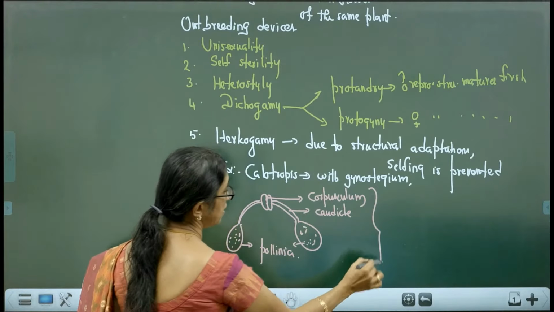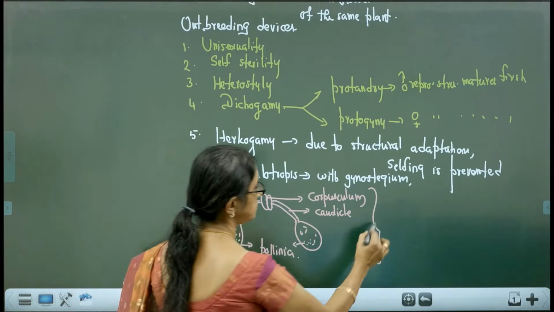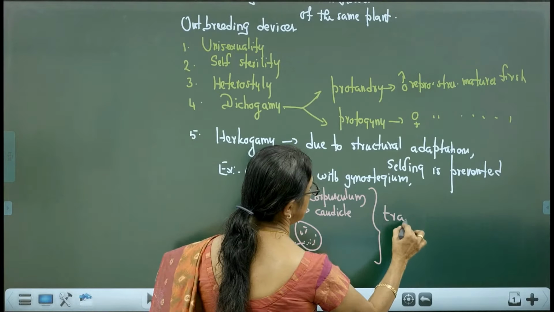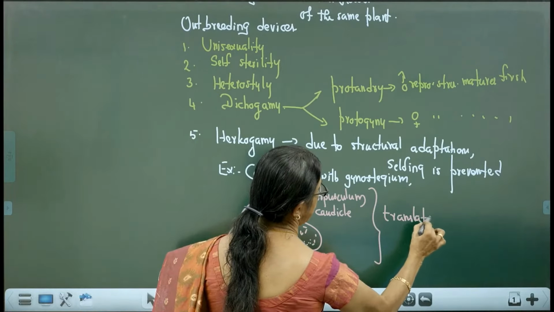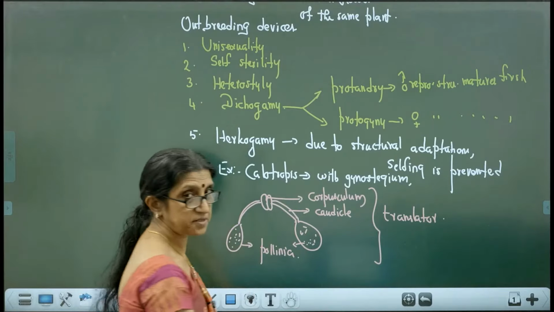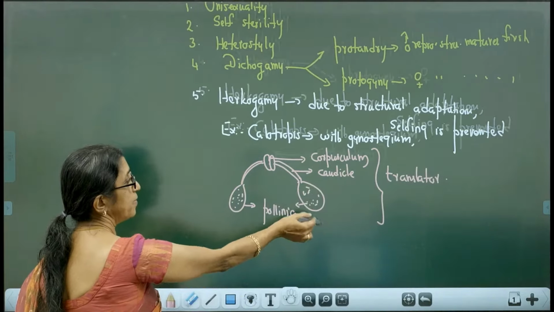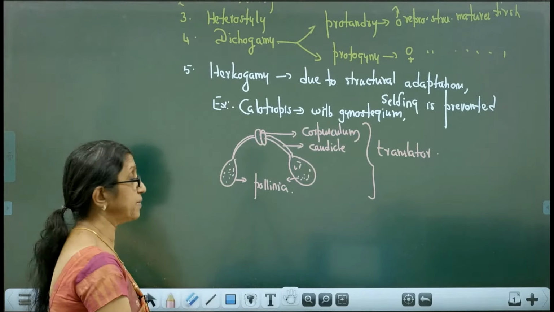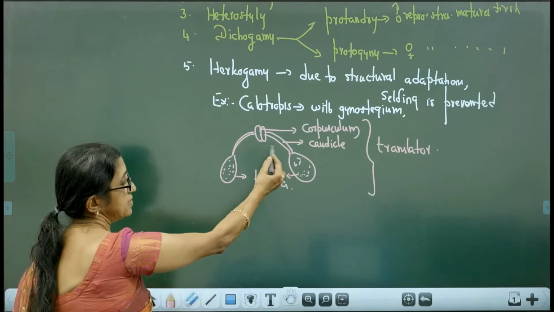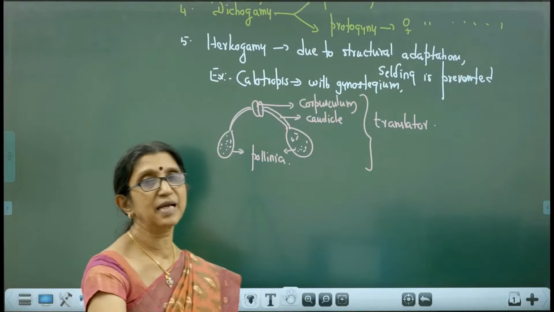Together it is called a translator. So the translator mechanism of pollination is common in members of the family Asclepiadaceae. Typical example is Calotropis.